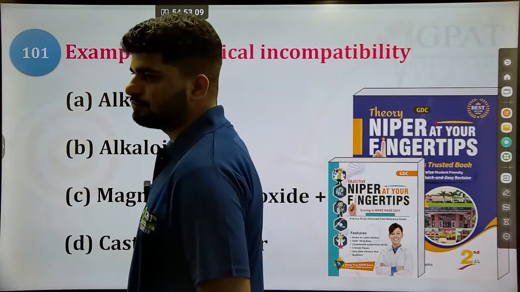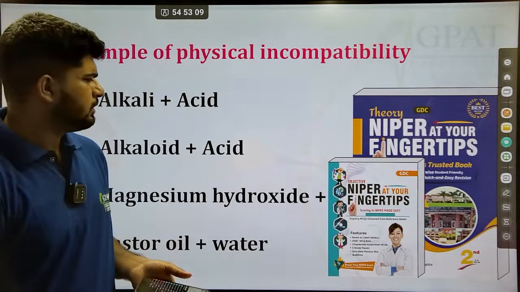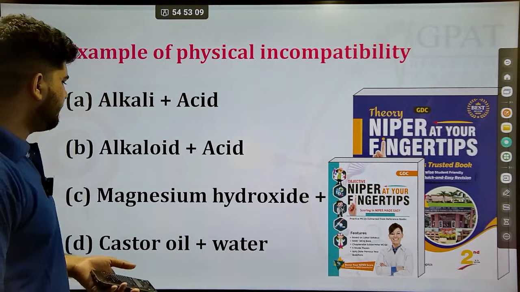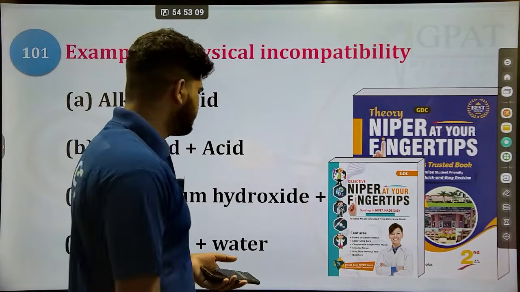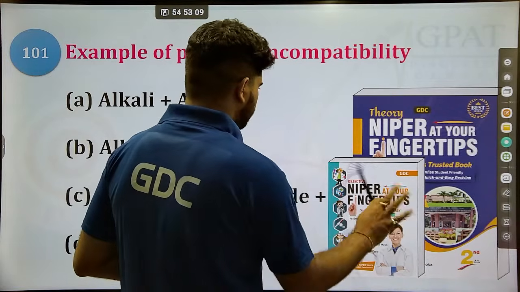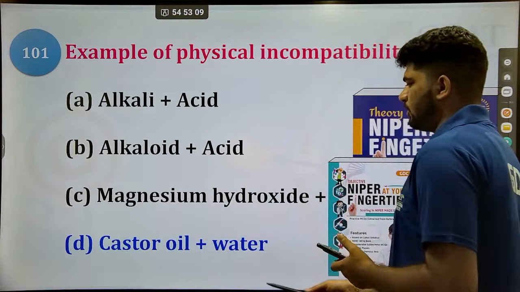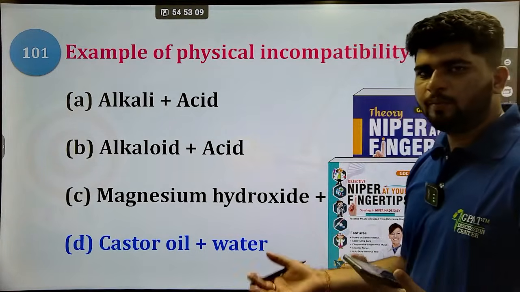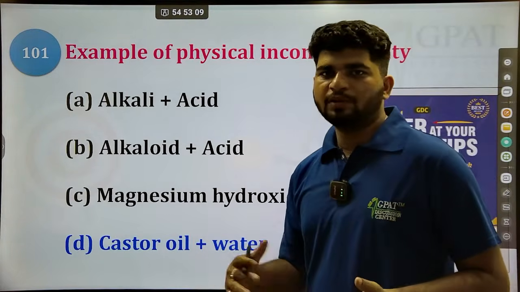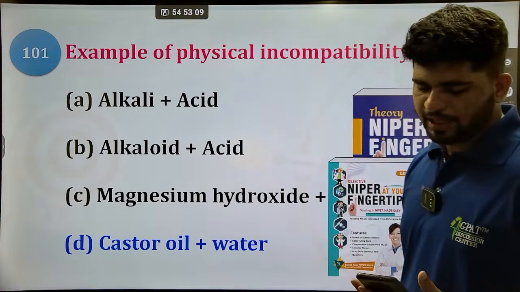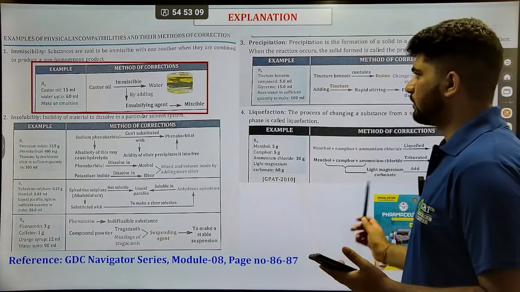Alkali plus acid is chemical. Magnesium hydroxide plus what? Castor oil plus water, because these are immiscible in nature. You know that oil and water don't mix at any time. That's your castor oil and water.